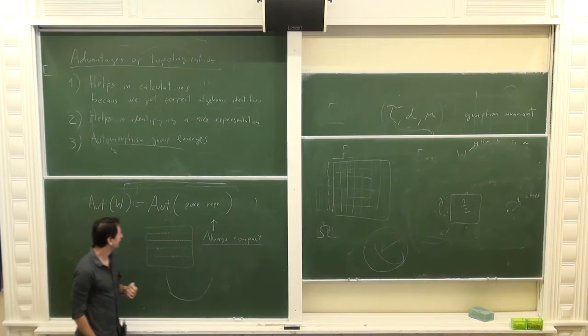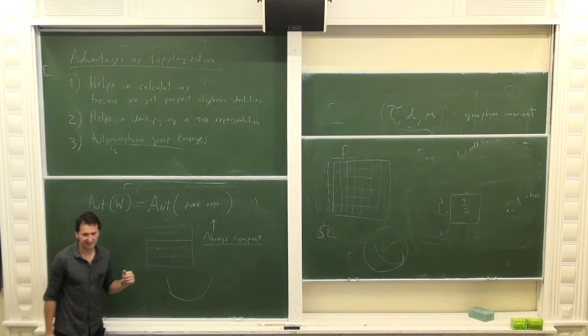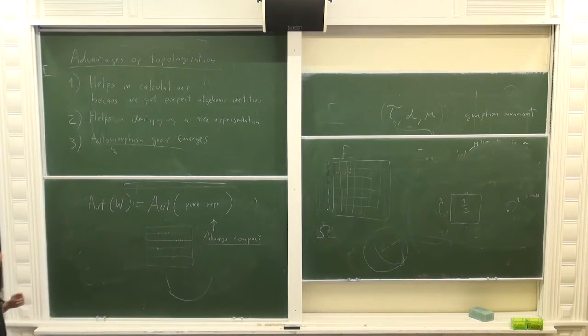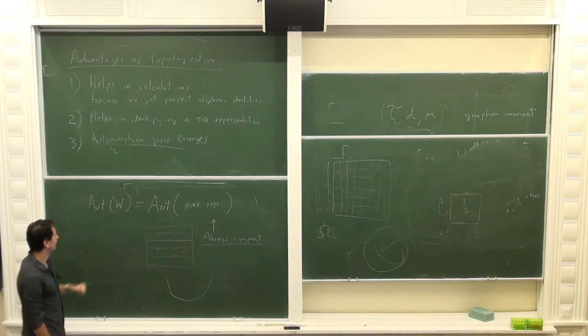In particular, if the graphon is vertex transitive, then since the automorphism group is compact, it turns out to be a compact graphon.